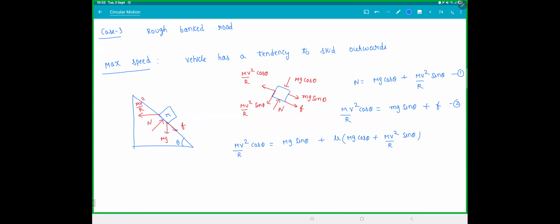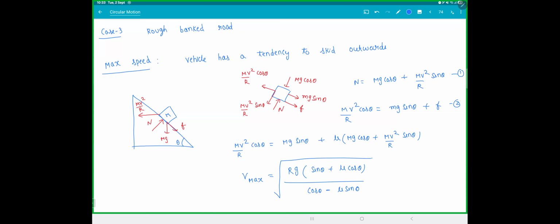If you bring all v square to one side and shift it that side, you will get the speed v max. This is your maximum speed. This will become the root of g into (sine theta plus mu cos theta) into r by (cos theta minus mu sine theta). This is your maximum speed.